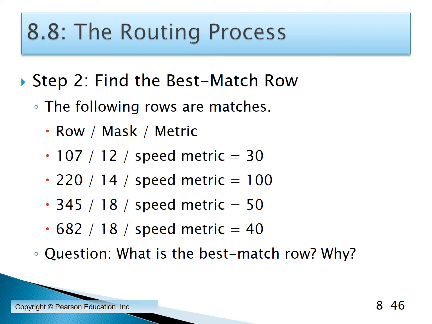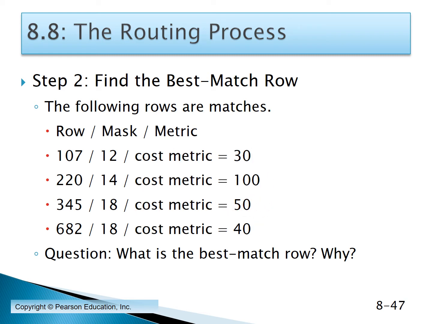In this case, row 345 and row 682, and then between these two, we'll select the one with the higher speed, right, with a better metric. Row 345 has a higher speed, 50 versus 40. So in this example, row 345 will be selected because it has the longest match, and also among the two with the longest match, it has the highest speed.